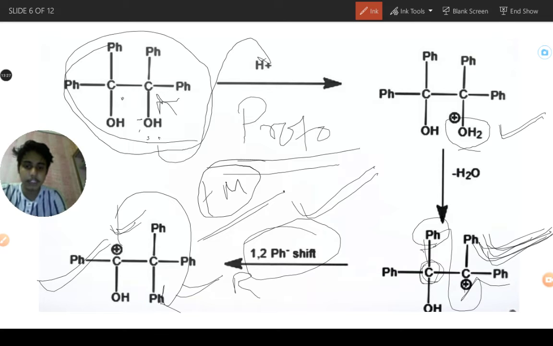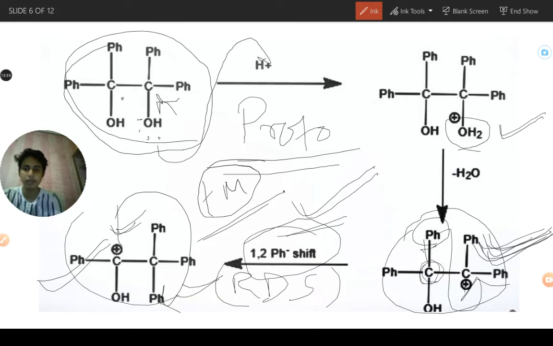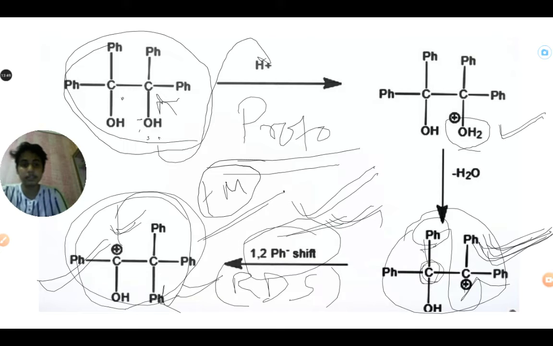This is the RDS, meaning the rate determining step. This is a slow step. If you convert this product to this product, it will take much more time, and this is very slow, and this is the rate determining step. Here also the migration shift occurs. So I am telling you the migration order also on the next page.